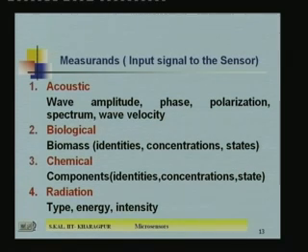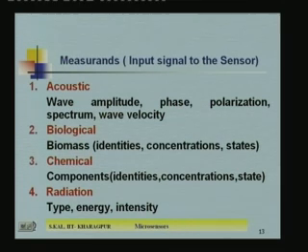Now, another form is biological measurements, and what is the biological measurements? That is basically the biomass. Biomass means what is this? That is its identities, that is in a biological material, what are the different components there. Then concentrations, for example, in biological say blood, a lot of constituents are there, how much is your fat or cholesterol, that is the identity, how much is the creatinine, that is an identity, how much is your sugar, that is another identity, what is your urea, those are basically the biomass identities.